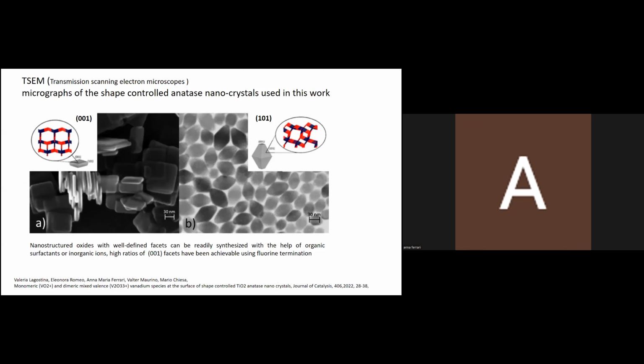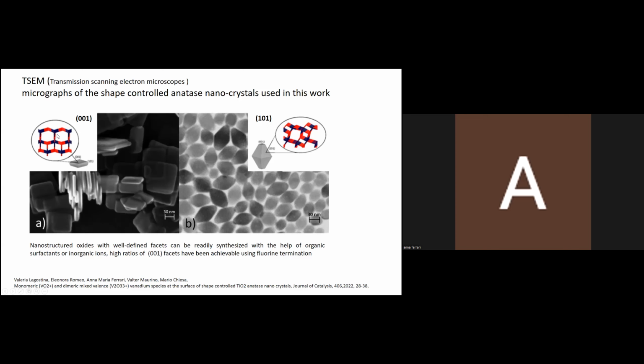Okay, we start with our system. The first point was to synthesize titanium dioxide crystallites that could expose preferentially one of the surfaces we want to study. There are some procedures for the synthesis of crystallites that expose preferentially one facet or another, and this was done.